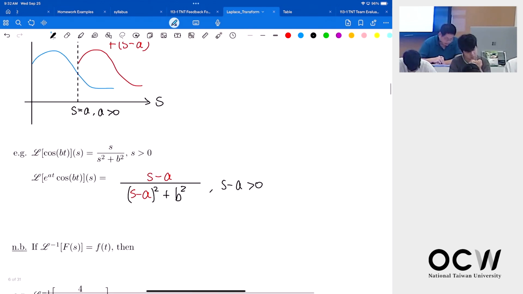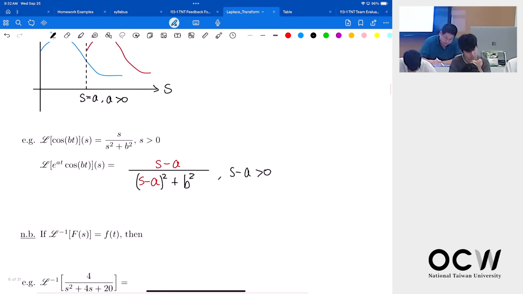Now, next one. If we know the inverse Laplace transform of F(s) is f(t), then what is the inverse Laplace transform of F when I shift s by a?